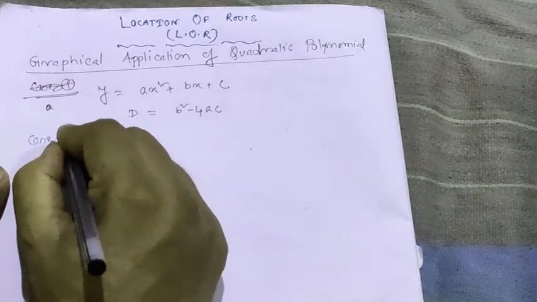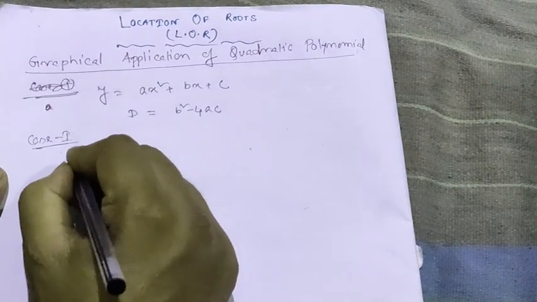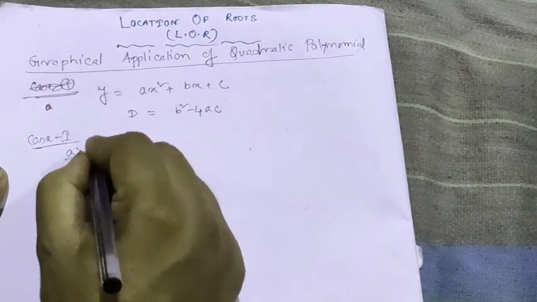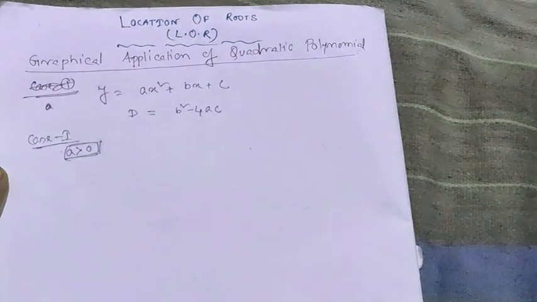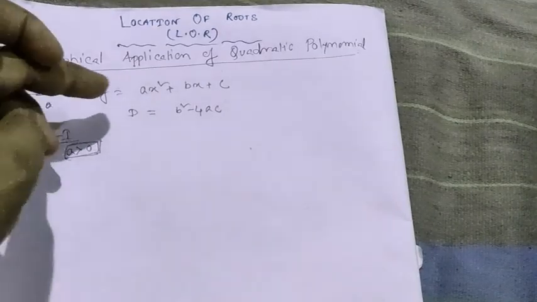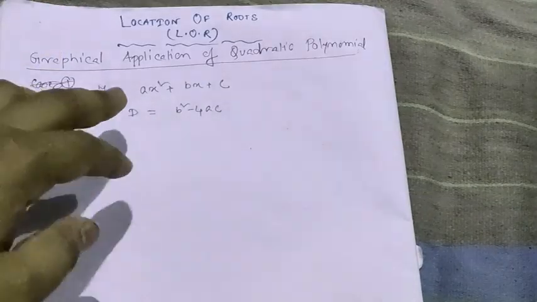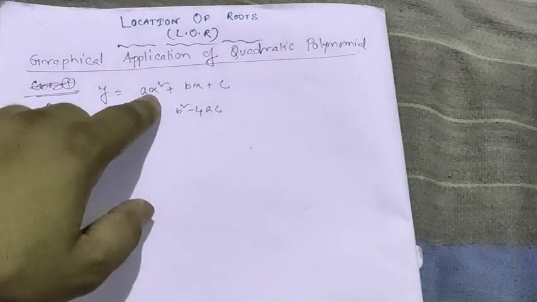So in case 1, I will take a greater than 0. You must know that the graphical properties of a quadratic depend on this a.